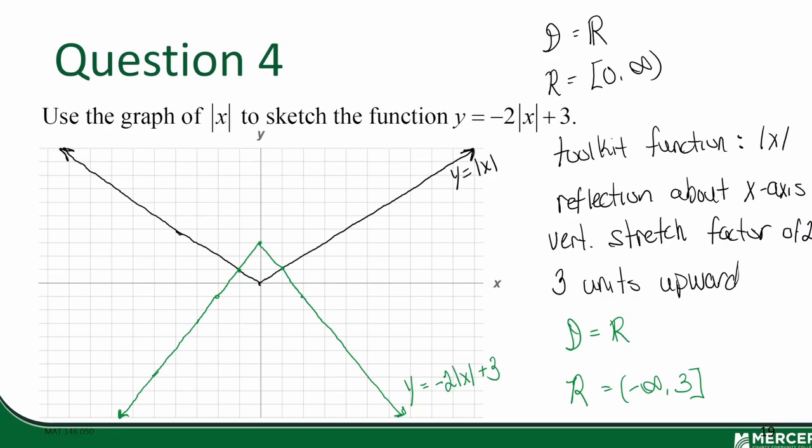Twice a negative infinitely large number is still negative infinitely large. Twice 0 is still 0. So that's why it doesn't look like that caused any kind of change. Then all of your output values had 3 added to them. Negative infinity plus 3 is still negative infinity, and then 0 plus 3 is 3.